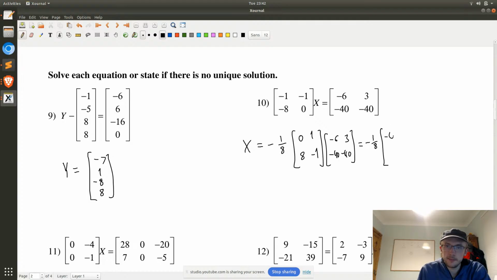Negative 40, negative 40, negative 48 plus 40 is negative 8. 24 plus 40, 64, and 5, and 5, and 1, and minus 8.